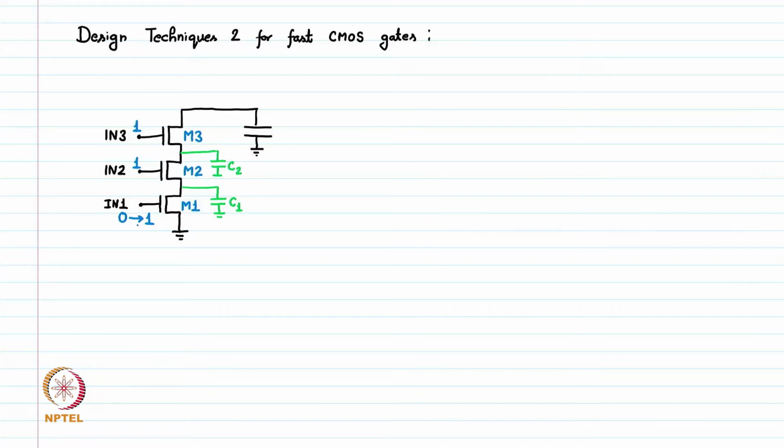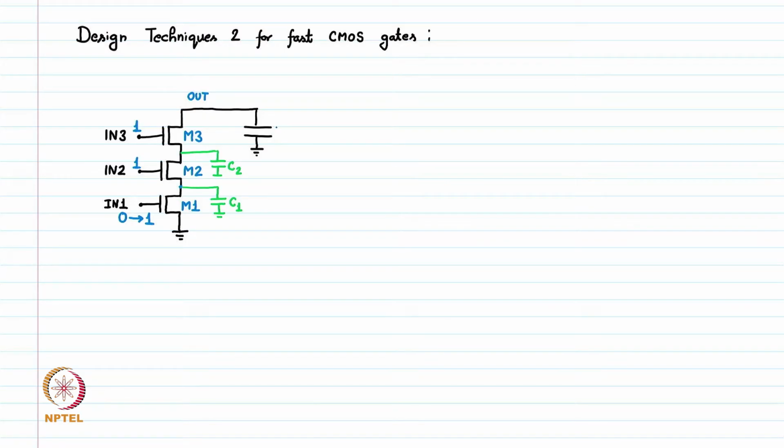What will happen? Initially input 1 is 0, which means M1 was off, and M2 and M3 were on because input 2 and input 3 are high. So M2 and M3 were on, which means there is a resistive path from this output till the node between M1 and M2.